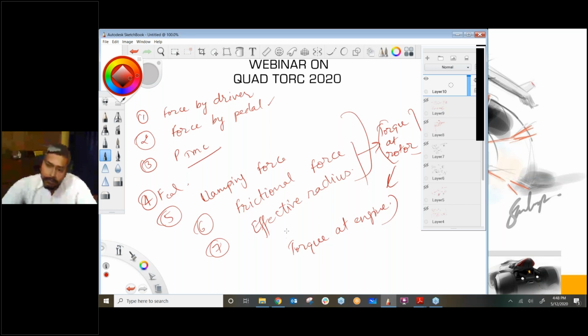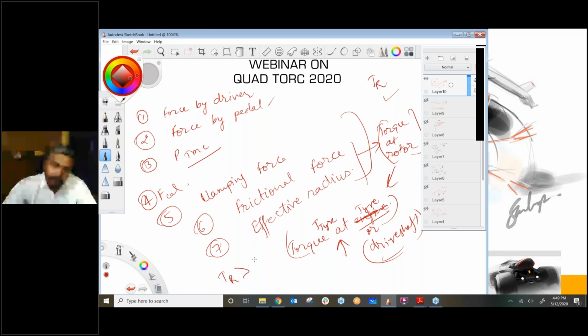Okay, suppose this is your vehicle, front and rear, 4 tires, and you started. The first case is acceleration. So longitudinal load transfer will happen from front to rear.